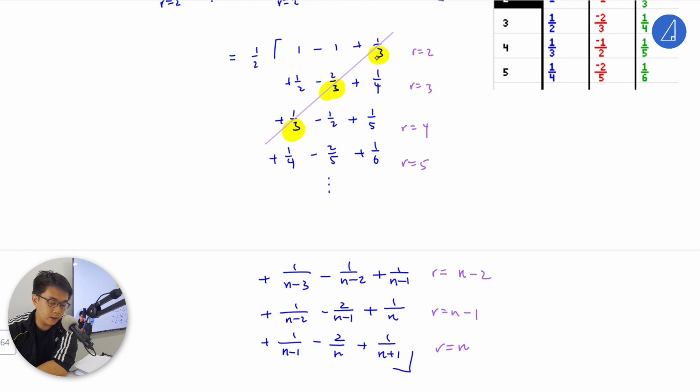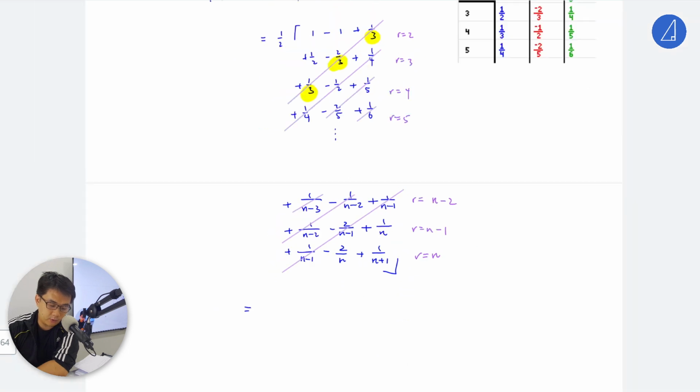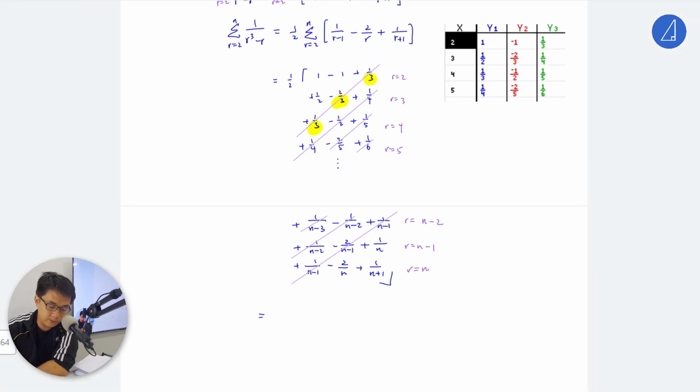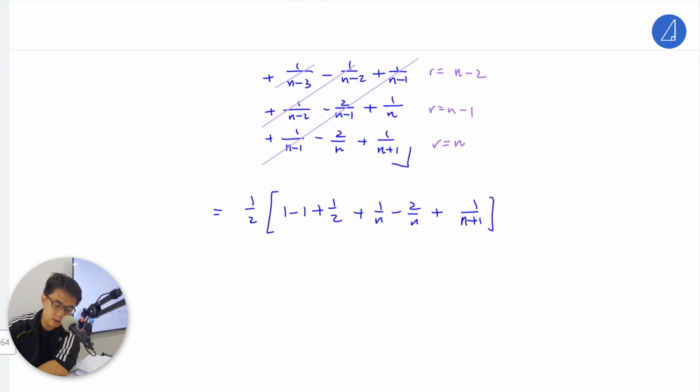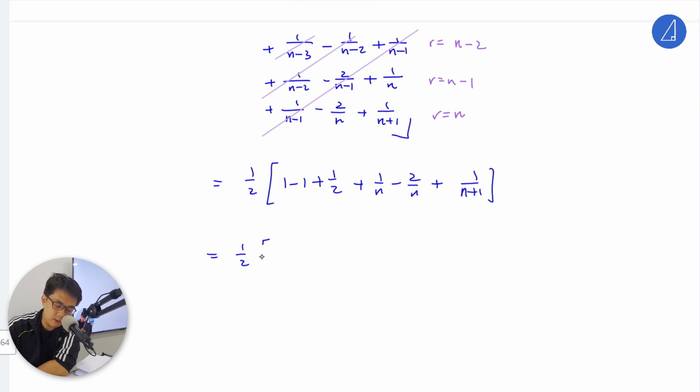So 1/3 minus 2/3 plus 1/3 is 0. These are all 0, you just add them up with a 0. So you're left with 3 terms at the top and 3 terms at the bottom. So there'll be 1 minus 1 plus half plus 1 over n minus 2 over n plus 1 over n plus 1. In calculator, it'll be half minus 1 over n plus.